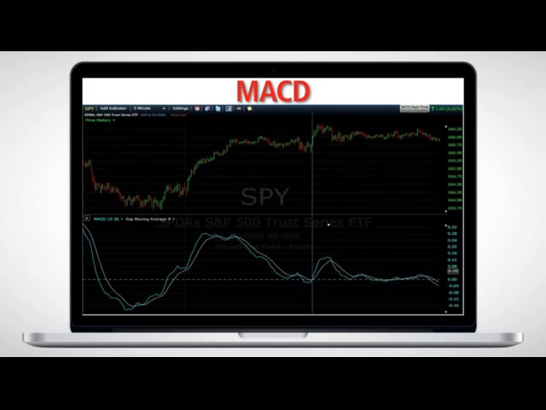MACD is usually plotted on its own chart because it uses a different y-axis than the asset level. So here we have a chart of MACD. And if your monitor isn't showing this up really well, let me just help you out a little bit. This light blue is the MACD, and the white is the moving average of the MACD. So that's our signal line. I'm looking at this one particular point right here, where the blue line was below the white line, but it crosses above.